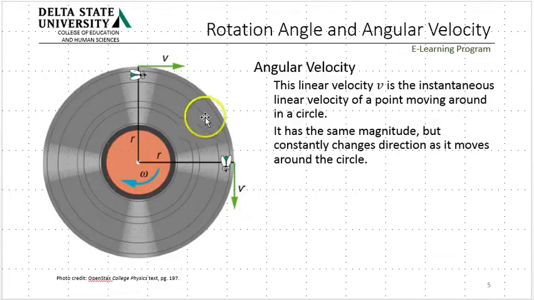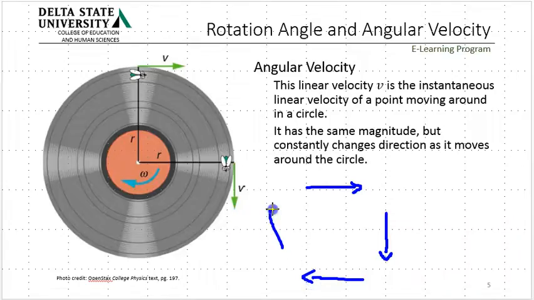Angular velocity is the rotational velocity as you go around. Your linear velocity as you go around in a circle has exactly the same magnitude, the same length all the time, no matter where you are around the circle, but it points in different directions.